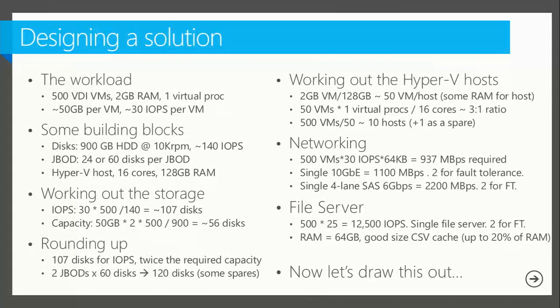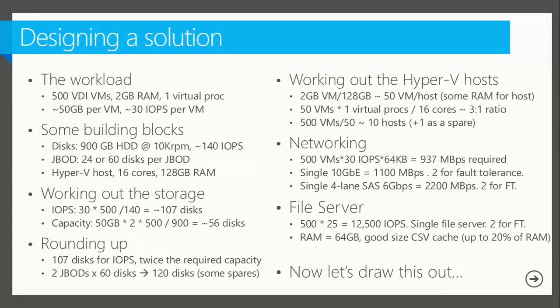Now on the SAS backend, a single 4-lane SAS at 6 gig gives you about 2200. You have 2 anyway for fault tolerance, so you have plenty on the SAS side to keep up with what you have on the networking. File server, you have a healthy number of IOPS there.